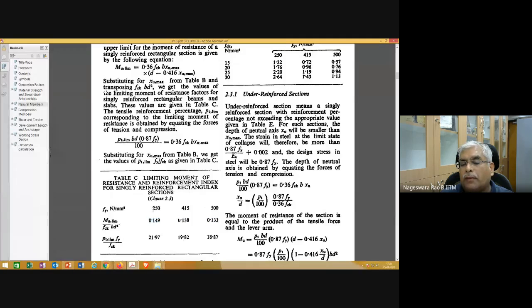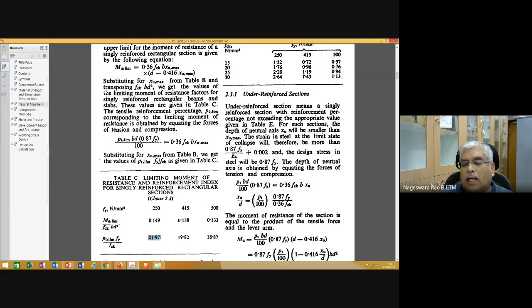If it is Fe 250, what is this Mu limit divided by fck b d square, and similarly for Fe 415 and Fe 500. And similarly, the limiting percentage of steel for a balanced section is written in a normalized form as a function of fy over fck.